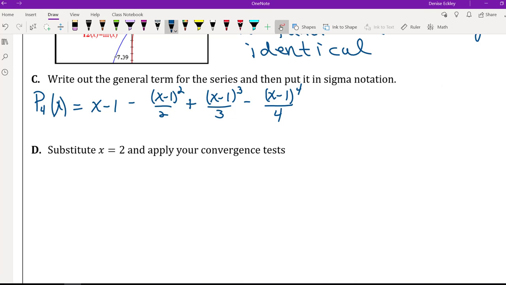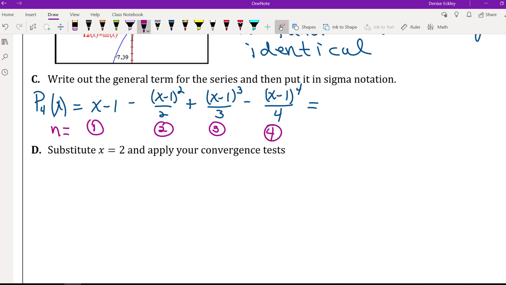So what we can see is we're going to have an alternating series, and we have our x minus 1 term that's going to be to the n power, and then we're going to have an n in the denominator, because this is our first term, second, third, and fourth. So these are where our n's are.